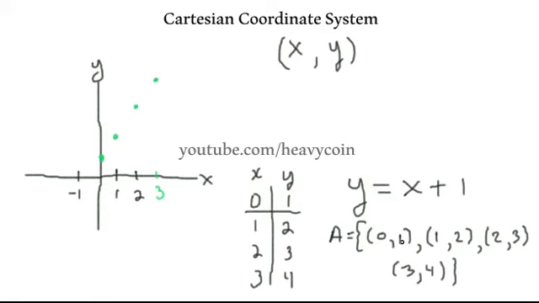And of course, I have just 4 ordered pairs here. But if we were looking at this as all real numbers plugged into x, every single number, of course I can't write out all those ordered pairs. I just selected 4 of them here.